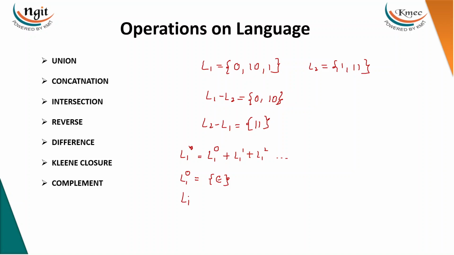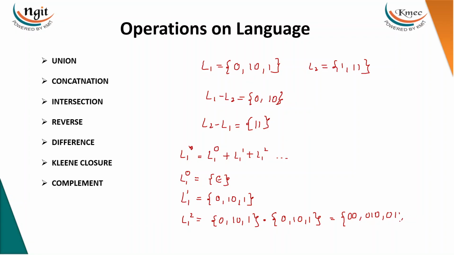Taking L1 one time means 0, 10, 1. Taking L1 two times means performing the concatenation of L1 with L1. So 0 concatenated with all gives 00, 010, 01, then 10 concatenated with all, then 1 concatenated with all. So this is about the Kleene closure.